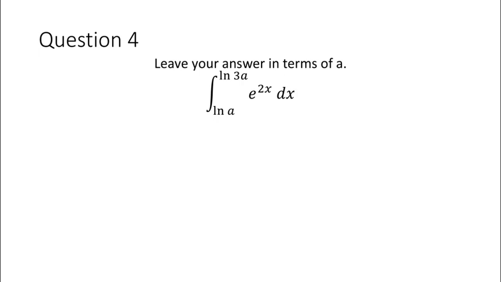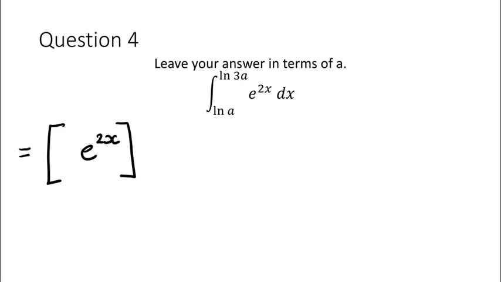So the first thing we're going to do is integrate e to the power of 2x. If I put my result in these square brackets, I look at that coefficient of x, and if I was differentiating, I'd be multiplying by it, but I'm integrating, so I'm going to be dividing by it or timesing by the reciprocal of it.